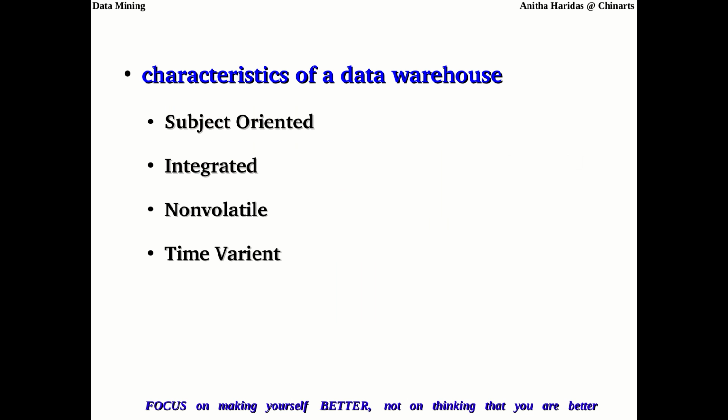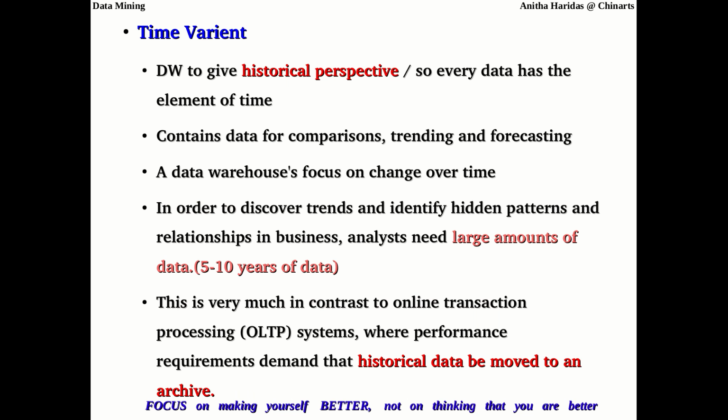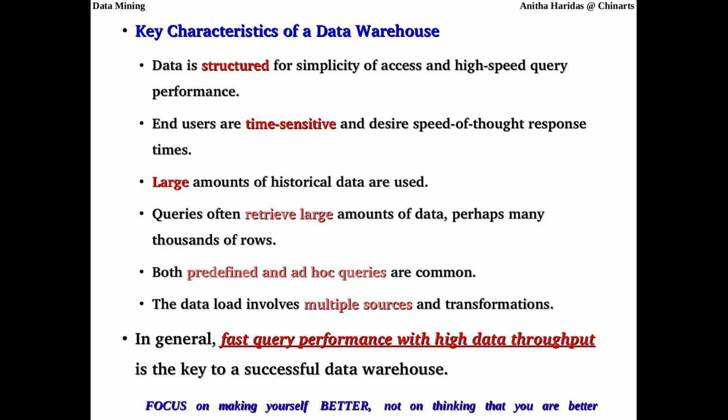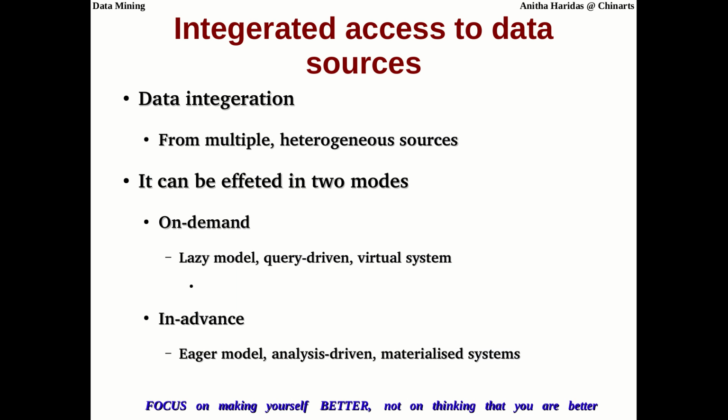So any database that contains these four characteristics can be called as a data warehouse. Then we also talked about some of the key characteristics of a data warehouse. Then we also discussed how the data is to be integrated. What are the two major architectures of integrating the data sources.